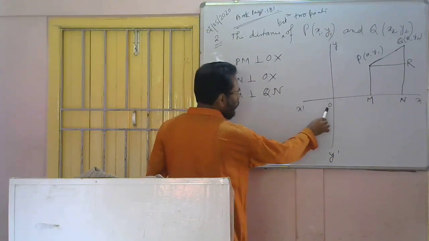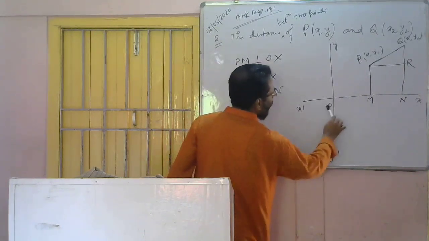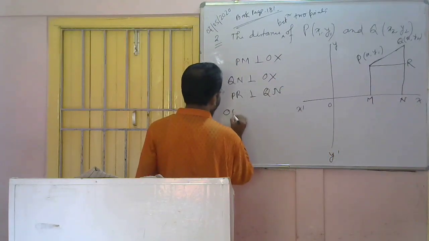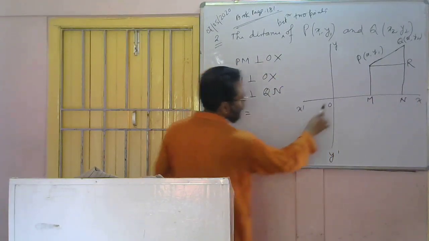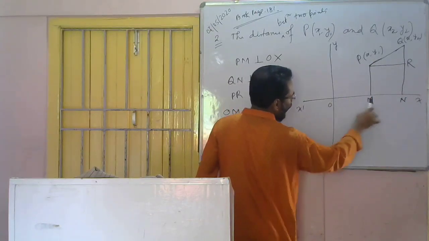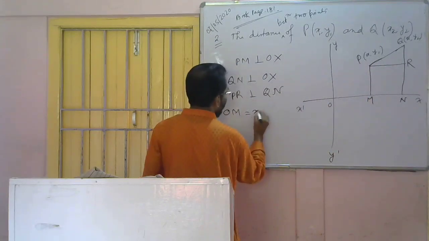So from this point, OM is the distance, and P is (x1, y1). This OM is the horizontal distance, the x coordinate, that is the abscissa, and it is denoted by x1.